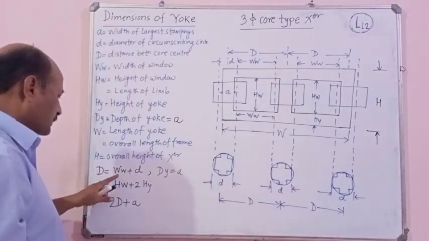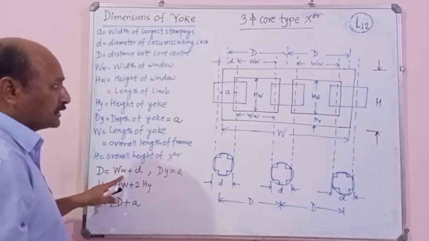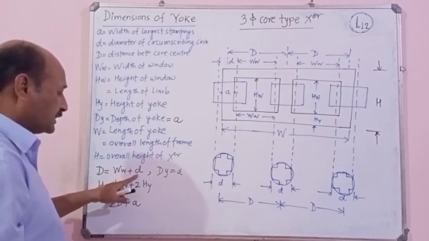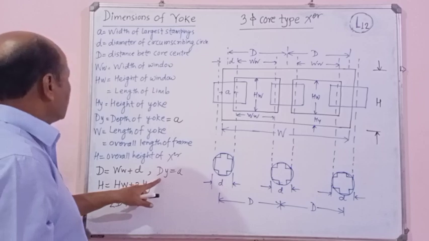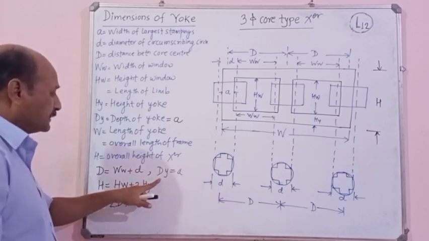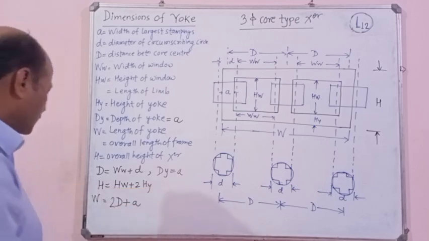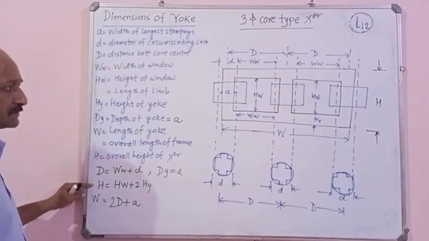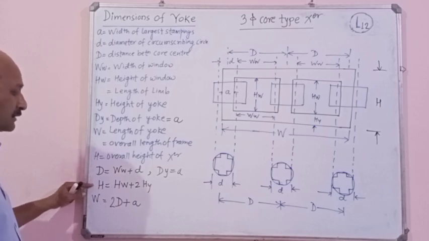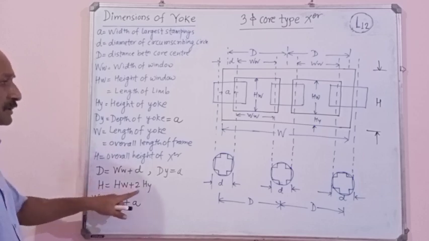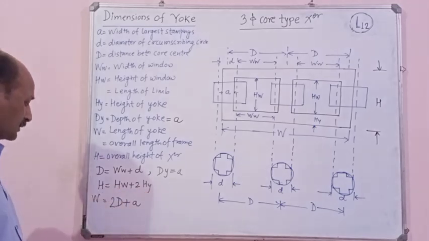Capital D equals the width of the window plus small d. Then Dy, the depth of the yoke, equals the width of the largest stamping. Then capital H, the overall height of the transformer, equals the height of the window plus 2 times the height of the yoke.